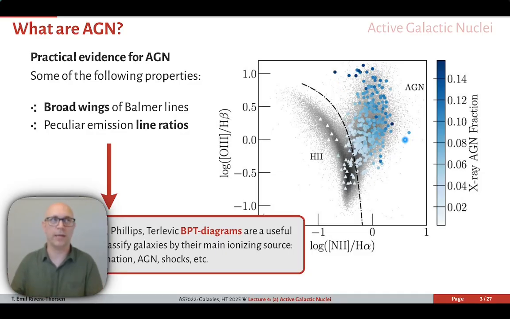So we now have a whole arsenal of various diagnostic diagrams we can look at. We still often call these BPT diagrams as an umbrella term, but the original OG BPT diagram is the one that you're looking at here.